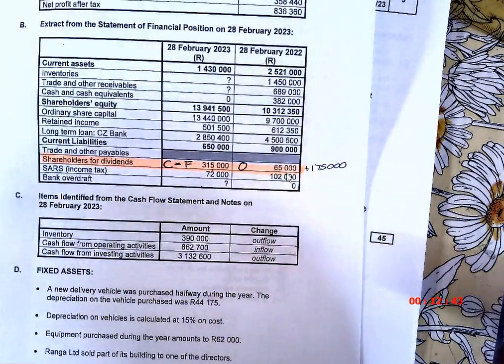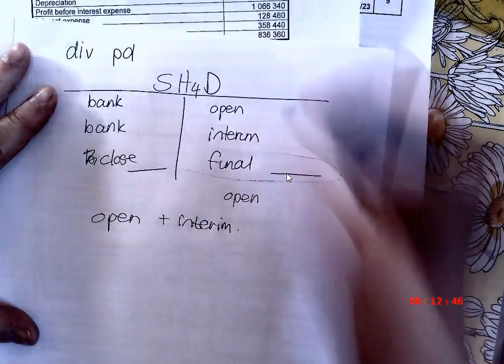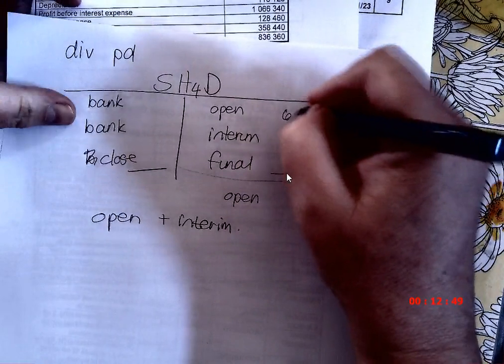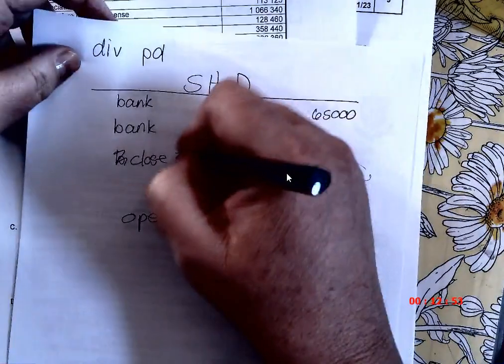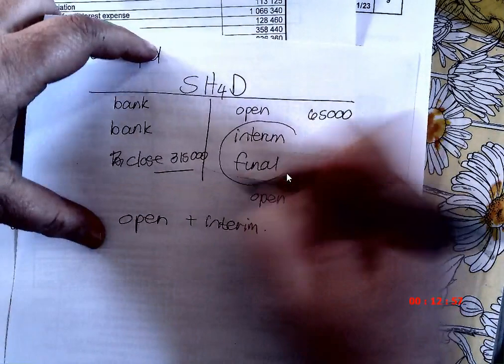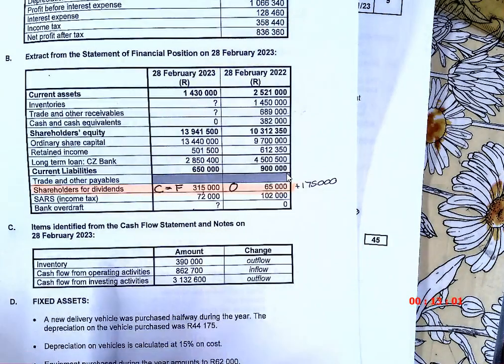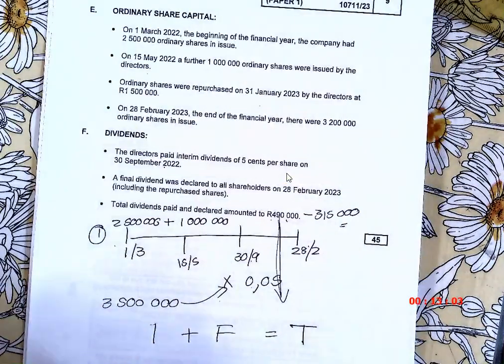Or I can go do the T. Because what did they give me? They gave me the opening 65. They gave me the closing 315. They gave me not the interim and final separate, but they gave me the total. Can you see there? The total is 490.